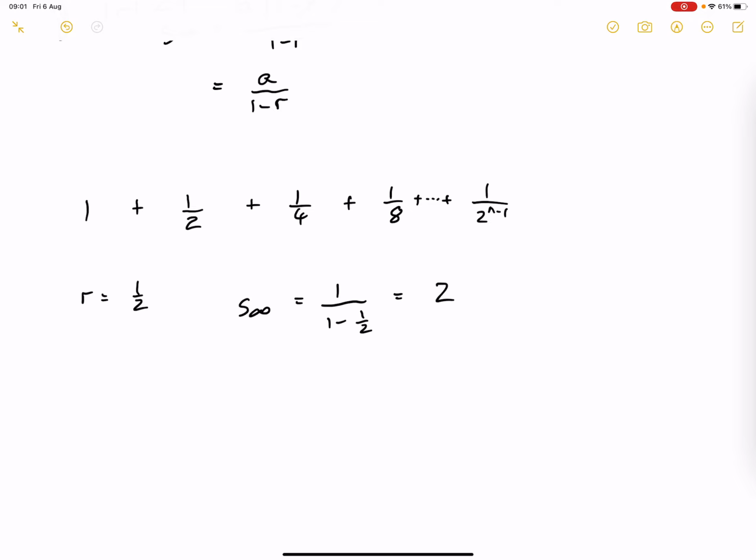So if you were to infinitely do this, you would come out to only 2 hours of actual viewing. That's a common example of how a geometric series is used.